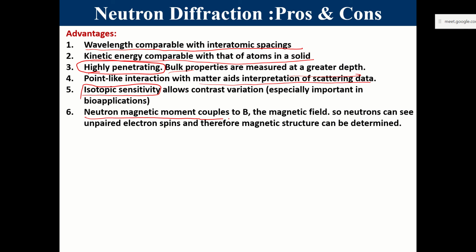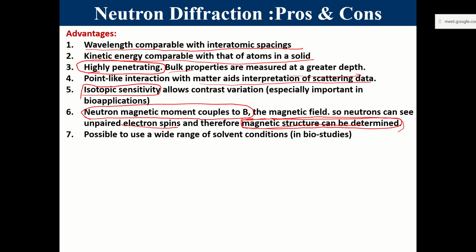The neutron magnetic moment couples to B. So if you have unpaired electron spins, the magnetic structure can be determined. You can determine not just the three-dimensional structure but the magnetic structure, that is the location of the magnetic atoms, and the strength of interaction, that also you can study.